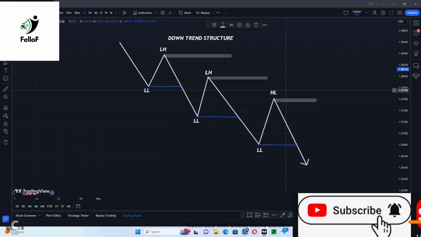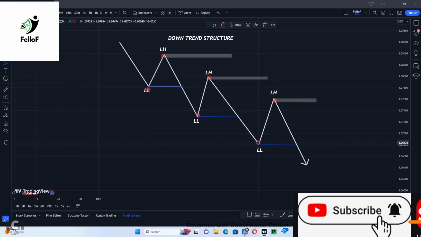So we have HL in an uptrend, not a downtrend, and what we have is LH, that's lower high in a downtrend. So it's very simple. So that's what we have here: price creating lower highs and lower lows, lower high, lower low, lower high, lower low.